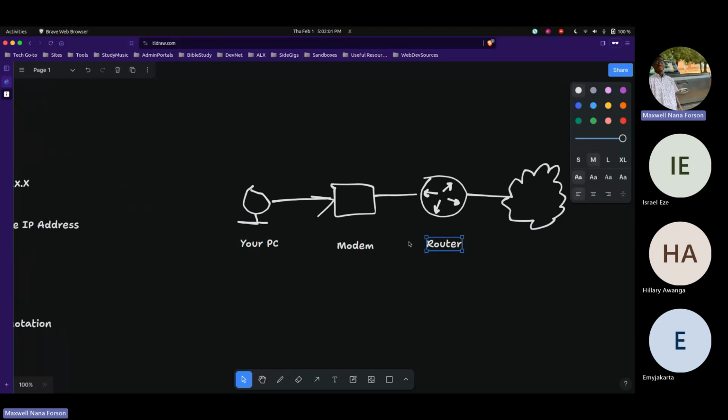Right? So let's say within your local network you are given an IP address, like .100, for your PC, right? If you are trying to go out onto the internet, this IP address here is not accepted on the internet. So this router over here would take care of changing it.